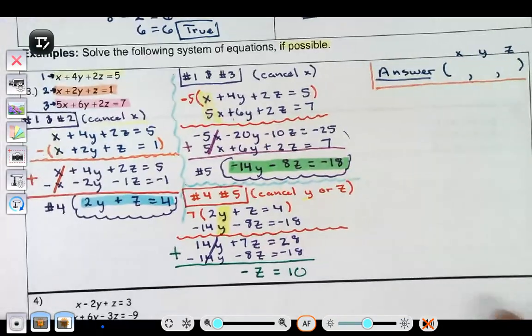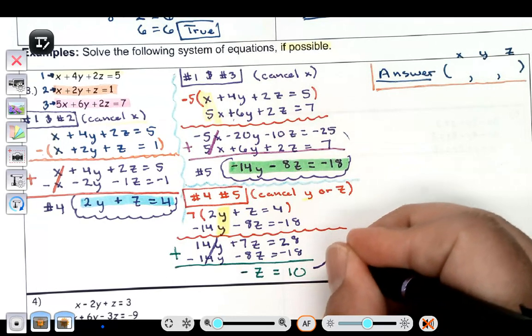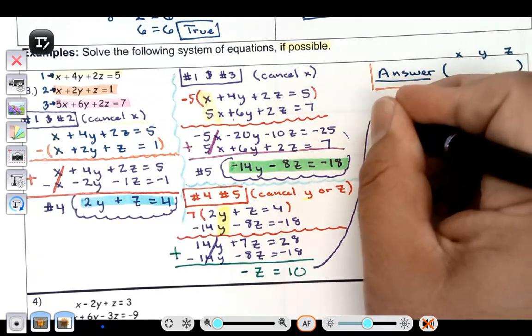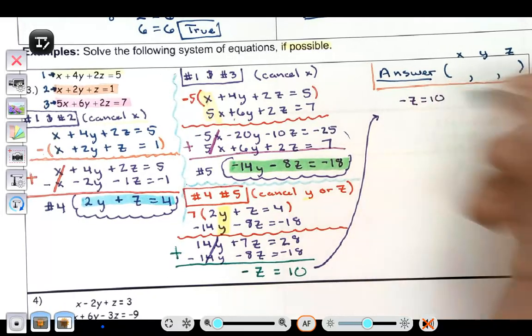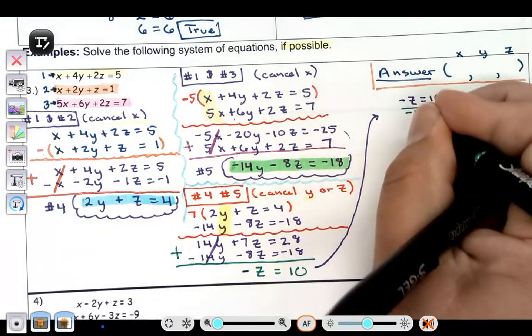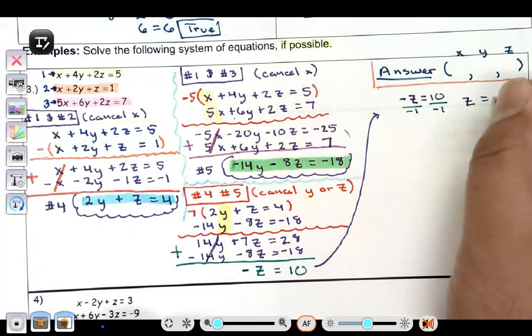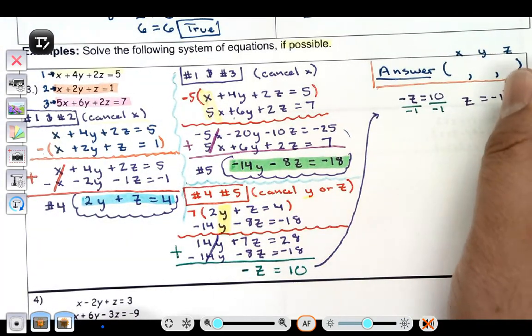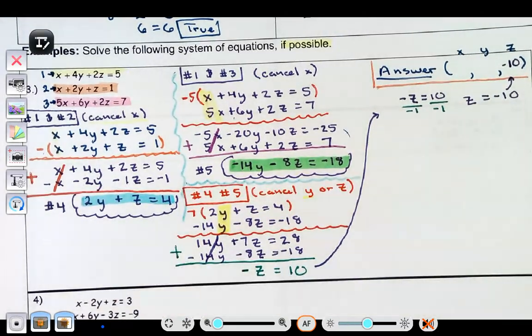Now, I'm at a space here, so I'm just going to bring it over here. So if it says negative z is equal to 10, well then look, all I have to do is divide by negative 1, and we get z is equal to negative 10, and we have one of our answers, negative 10. All right, now we're getting there.